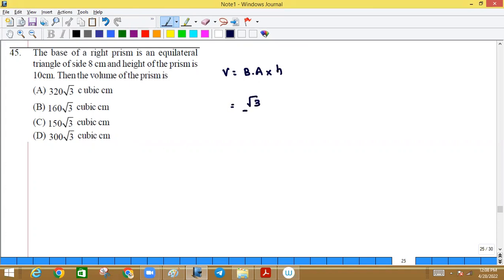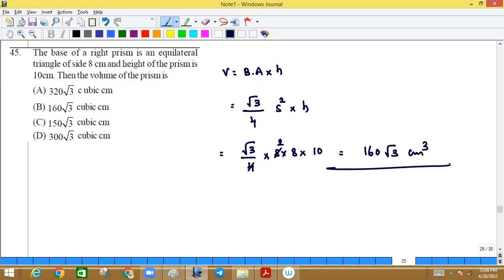Base is an equilateral triangle, therefore root 3 by 4 side square into height of the prism. Root 3 by 4 side square is 8 into 8. What is the height? 10. Therefore, how much is it? 160 root 3 centimeter cube, or cubic centimeters. Both of them are same. Simply using the formula of a prism.